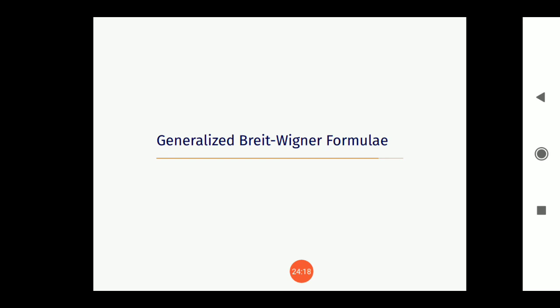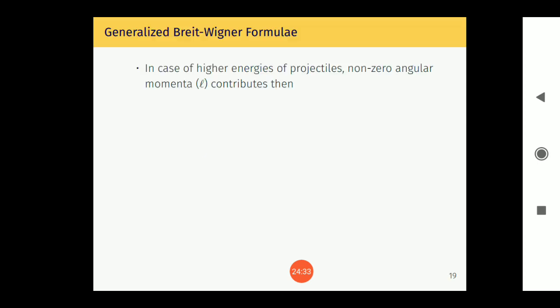Generalized Breit-Wigner formulae. While deriving the Breit-Wigner formulae, we made several assumptions. Now if we don't make such assumptions, how does the Breit-Wigner formula get modified? One assumption is to use only low energy projectiles.